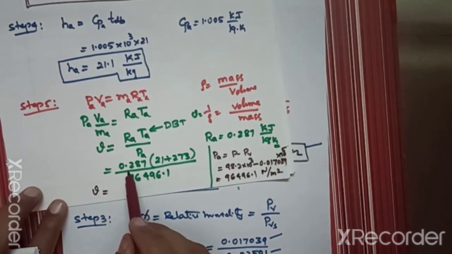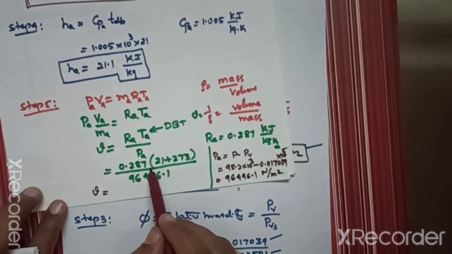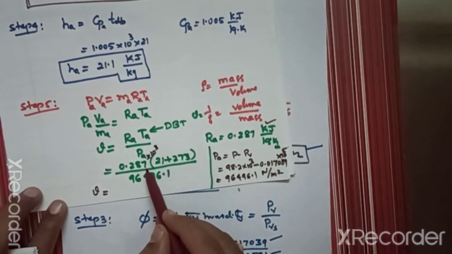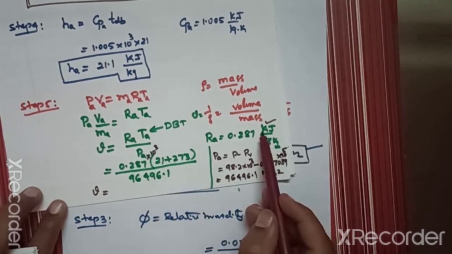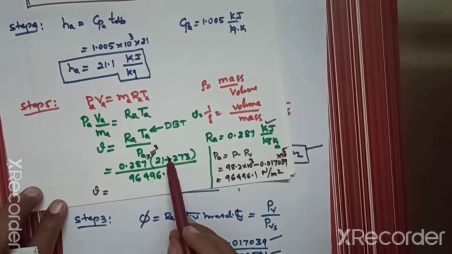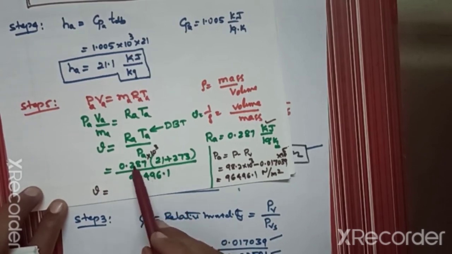So substitute 0.287, and one more thing you need to remember here, 0.287 is in kilojoule. So I need to multiply here 10 to the power of 3 with this answer. It is in kilojoule, so convert kilojoule to joule, because pressure is in Pascal and temperature is in Kelvin, so it will be in joule only.